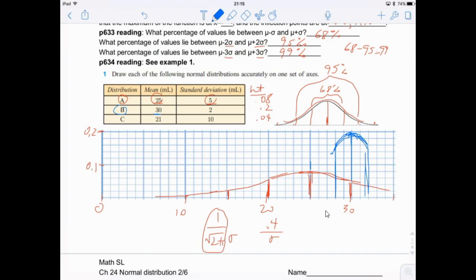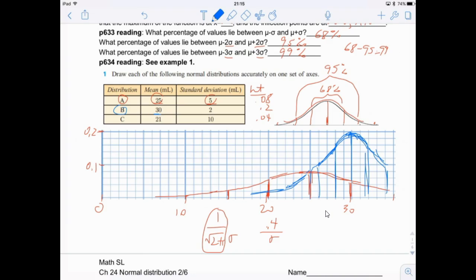This will be 95% of the data. I probably need to draw it a little bit more down like that. And then finally, the rest of the data would be here.